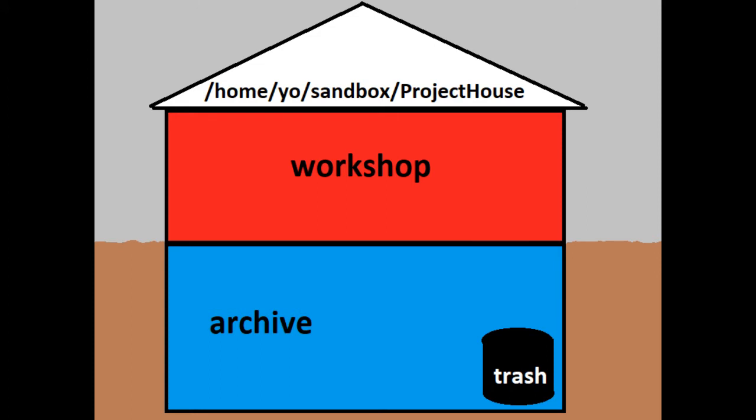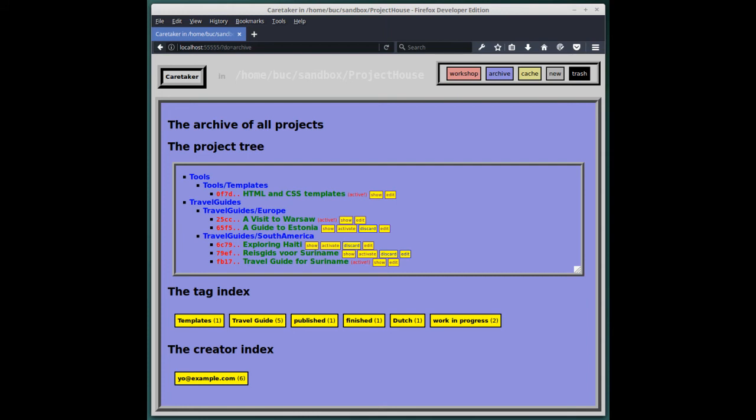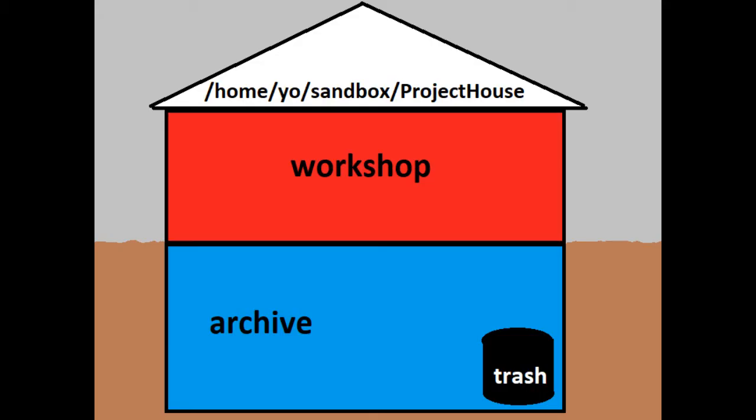Not only the naming conflict is solved for every project, but also the question of its location and movement. My projects are not scattered throughout the file system anymore. They are kept in the archive, hidden in the basement, and presented by the Caretaker in my browser. This introduction of two virtual rooms, archive and workshop, is not only an idealized picture.